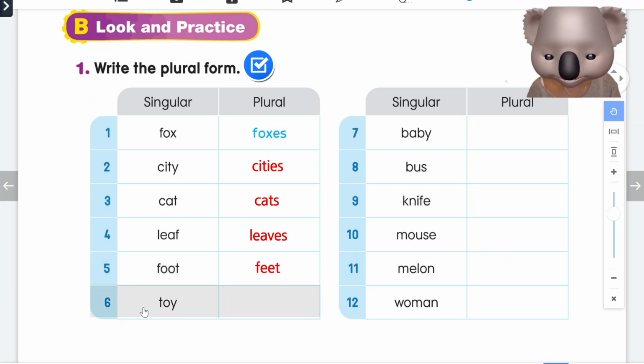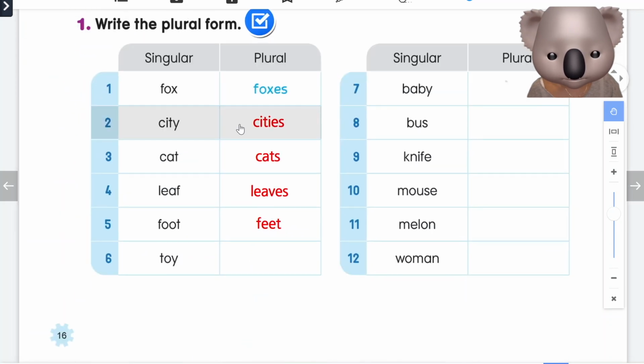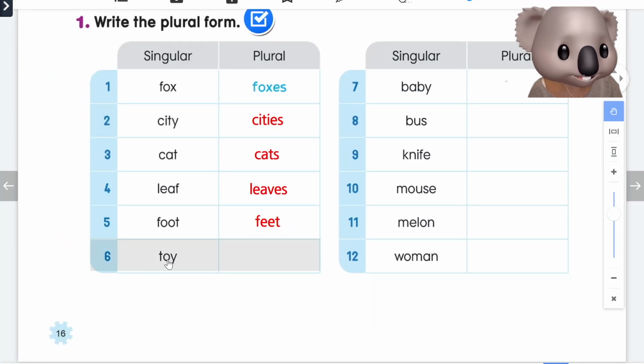Feet. Number 6. Toy. Toy is also very easy. It has a Y at the end, but the letter before it, O, is a vowel. If we want to change it to IES, it needs to end in a consonant. But our word ends in a vowel. So here we don't change to IES, we just add an S: toys.